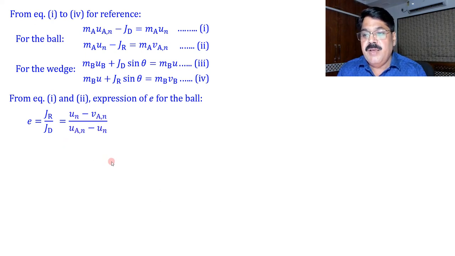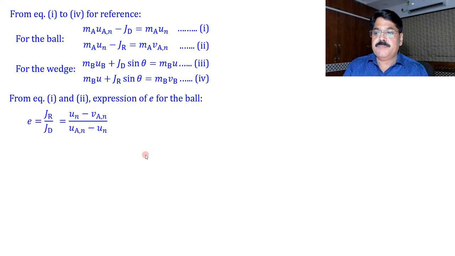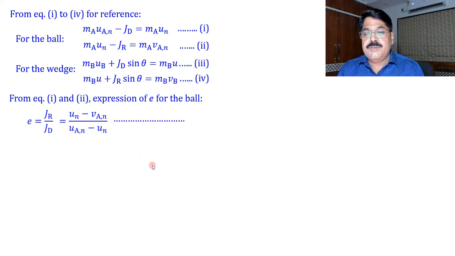UN minus VAN upon UN minus UN. How you can see? JD will be M into UN minus this UN, so it will be denominator, and similarly for here, JR will be M into UN minus VAN. So here M and M cancel. So we can call this equation to be fifth equation.